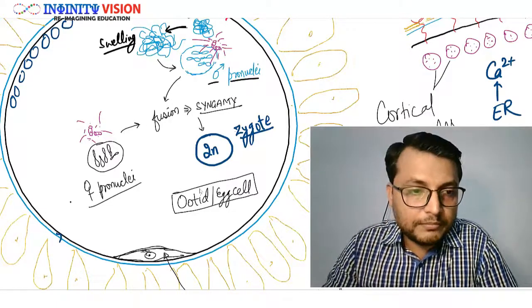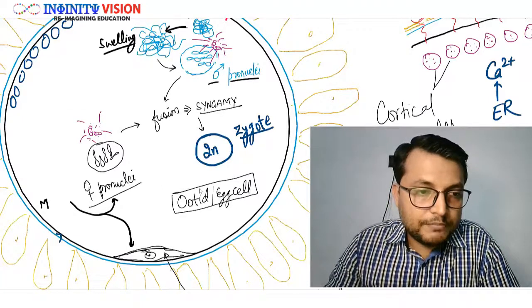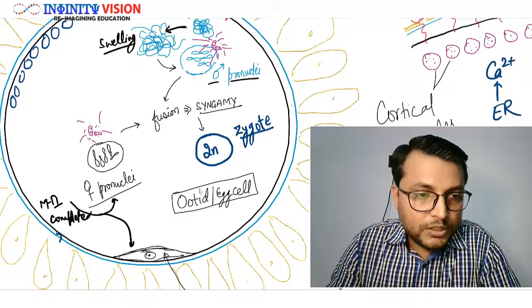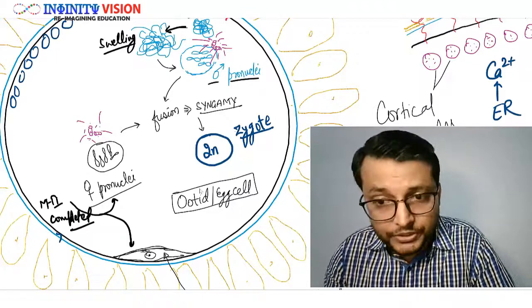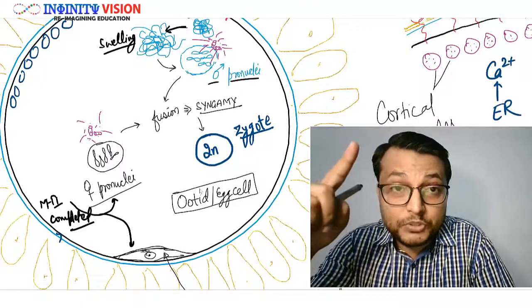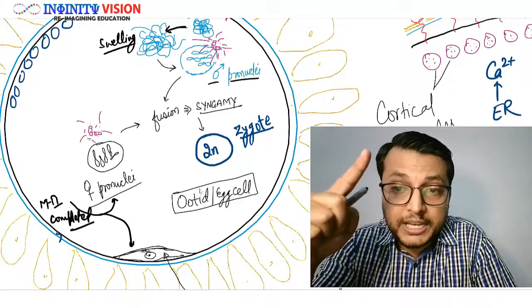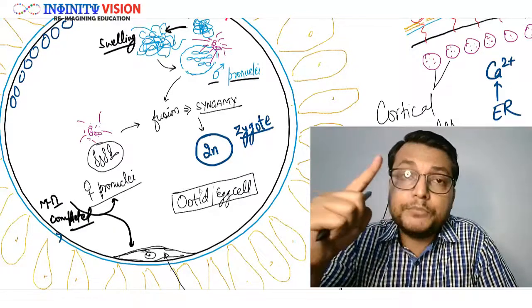Now let me draw here. This is one cell and this is another cell. This is meiosis 2 completed. So meiosis 2 will be completed with the help of the centriole coming from the sperm. So the male gamete centriole will help the secondary oocyte to complete its meiosis 2.